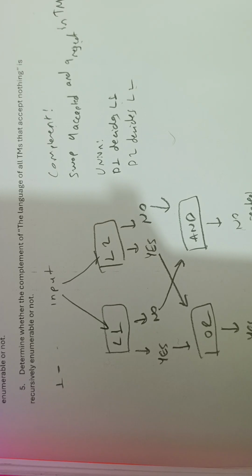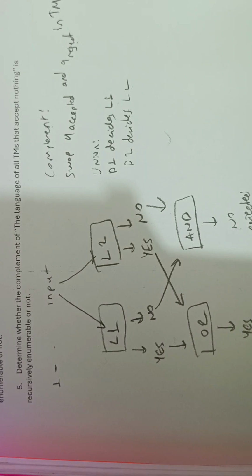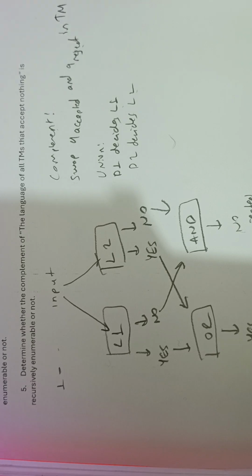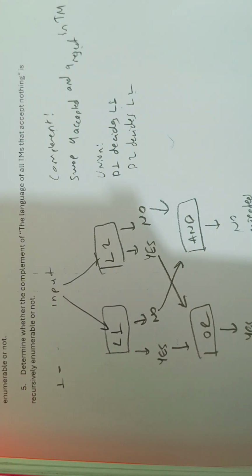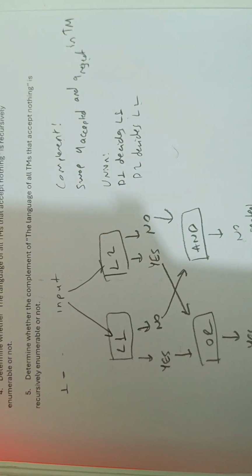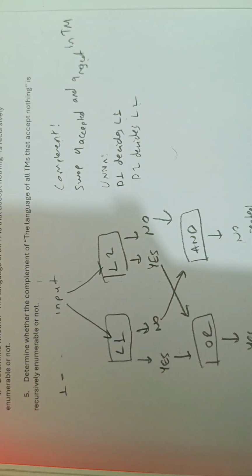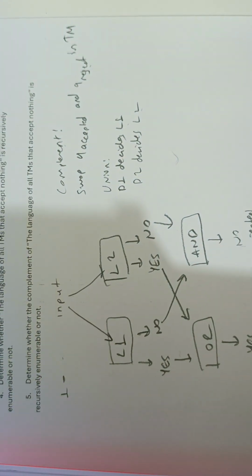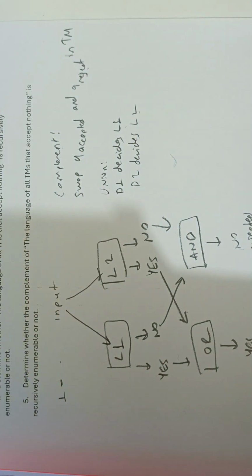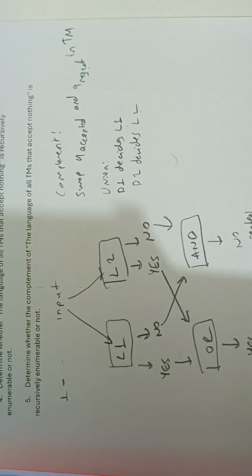Our first question: the set of decidable languages is closed under union. This means if we have two decidable languages L1 and L2, is the union also decidable? The answer is going to be yes. We will prove it using a logical OR operation.